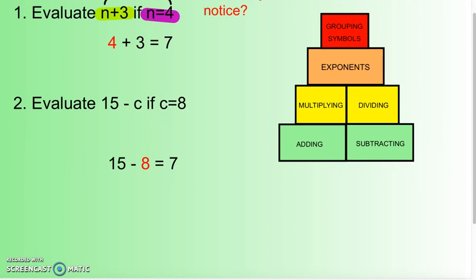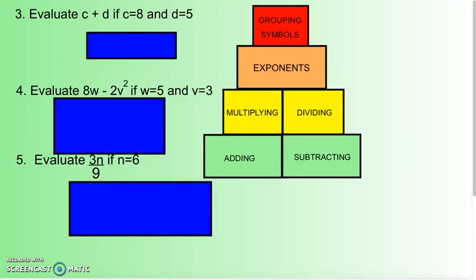Exactly. What has been done is the 8 has been put in for the C because it says C equals 8. So they plugged in the 8. So now it is 15 minus 8 instead of C, and 15 minus 8 is 7. Let's look at some more. Look at number 3.